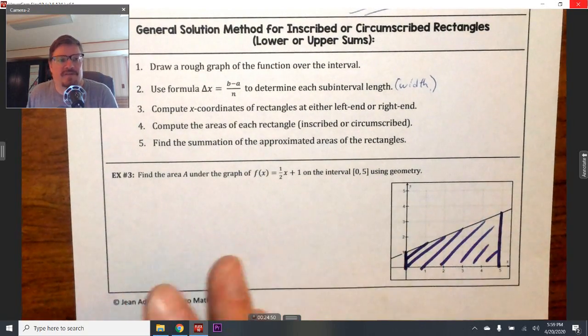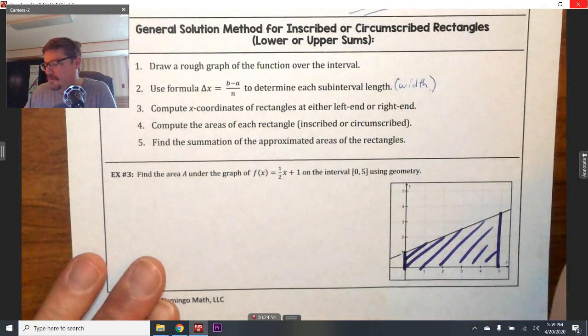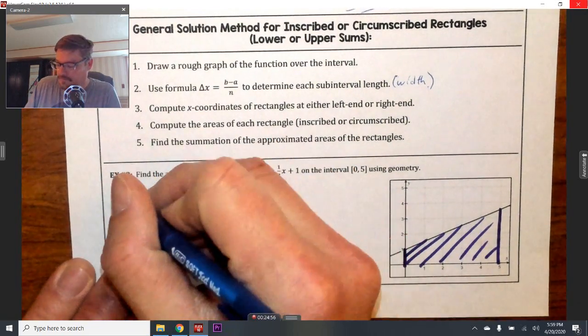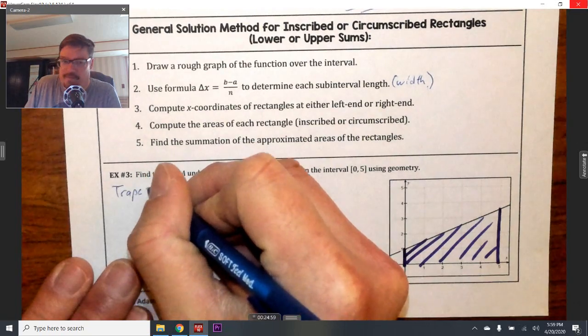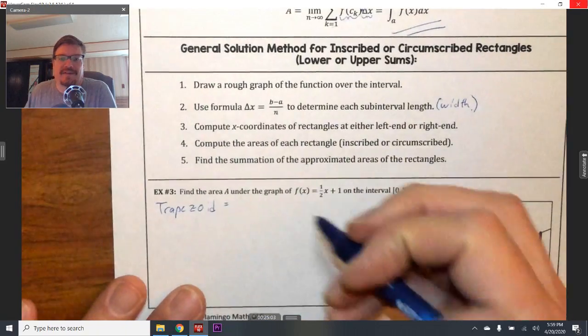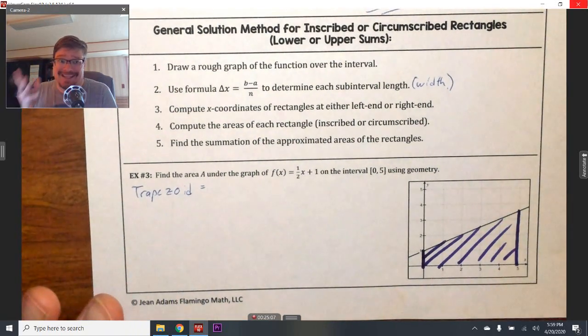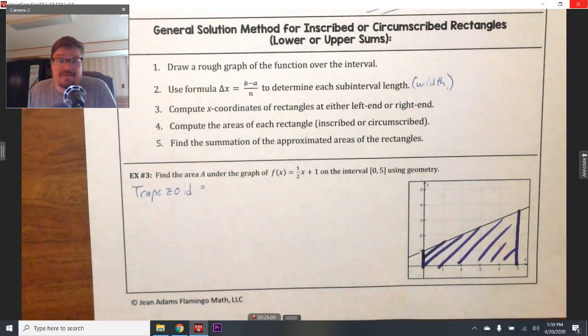Do you remember the formula for a trapezoid? Everybody forgets this. So the area of a trapezoid, we can do this in one fell swoop. If I'm going from 0 to 5 and I see a basic shape, I want the formula.